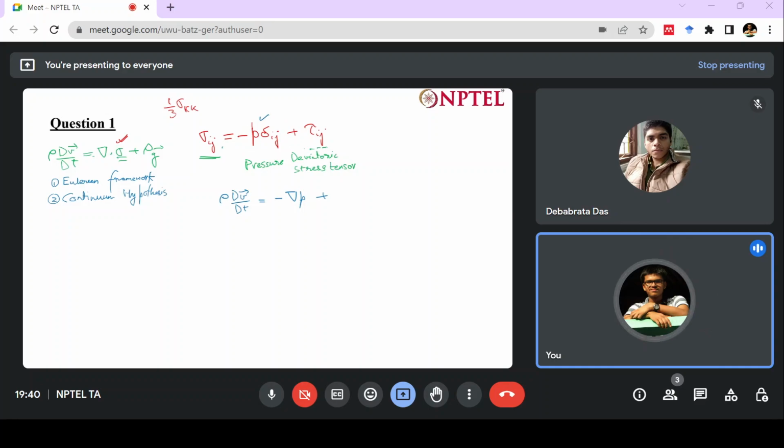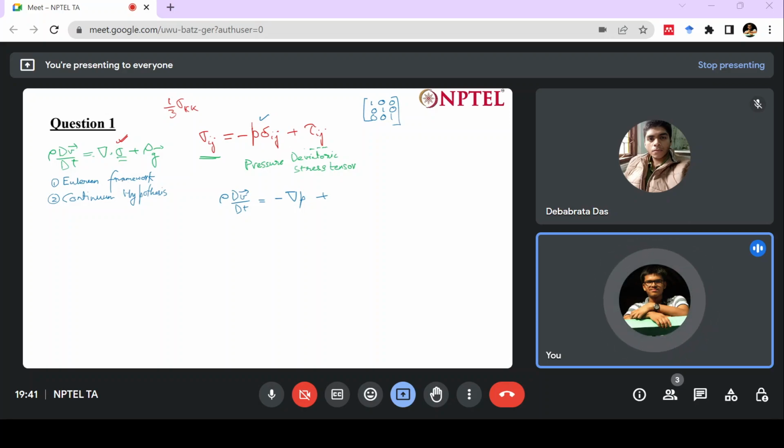If I take the divergence of this, delta ij is basically the canonical delta, the identity matrix, whichever directions you break it down in.